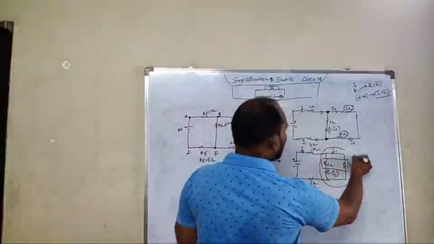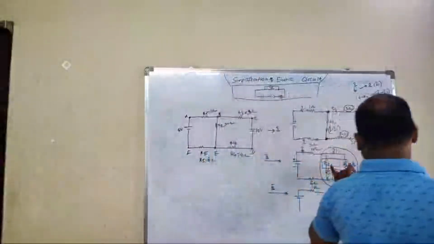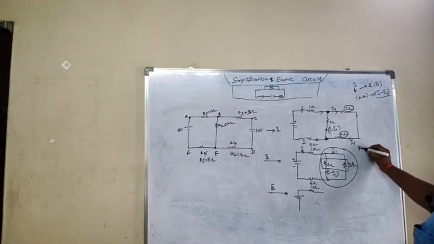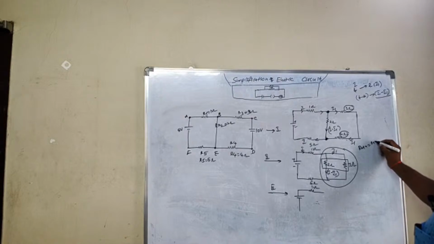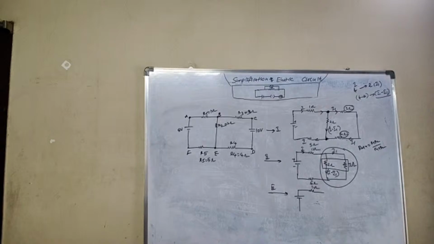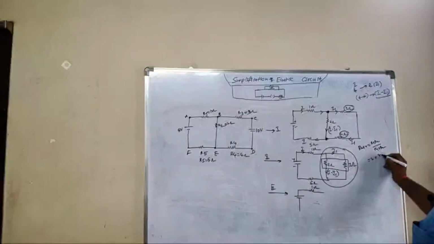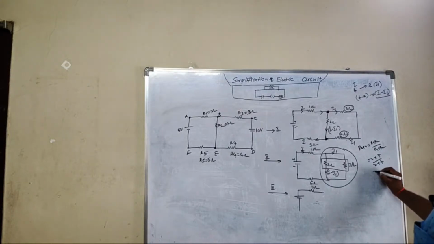When you simplify 2 and 7 ohm, which are in parallel, just now I told one formula. R equivalent is equal to R1 R2 by R1 plus R2. According to that, 2 into 7 by 2 plus 7. So 2 into 7 how much, guys? 14. 2 plus 7, 9.